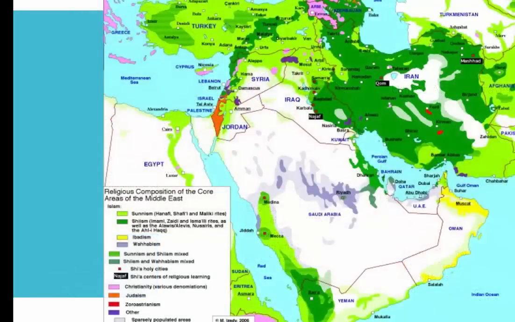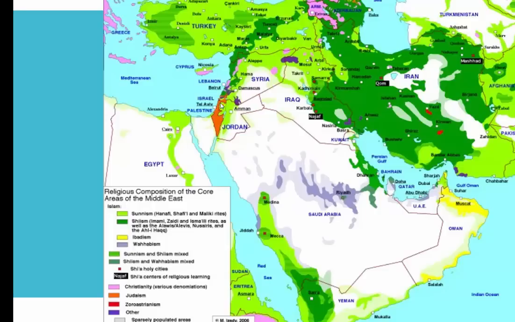If we look at this map, it tells us the religious communities of the Middle East. And you'll notice mostly green, representing the religion of Islam. The lighter green color represents the denomination of Islam known as Sunni. We'll talk more about this in Unit 2. And the darker green represents the denomination of Islam Shi'ism.